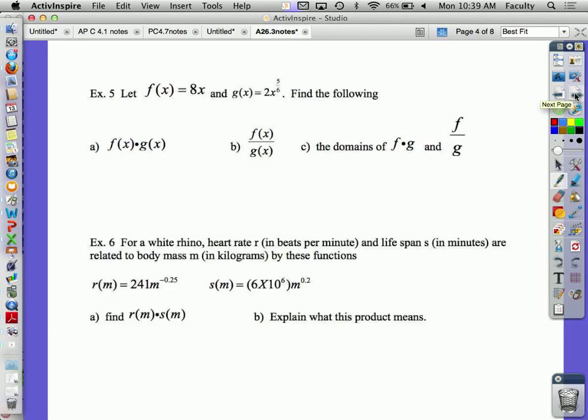So, let's look at example 5. If f of x is 8x and g of x is 2x to the 5/6, find the following. 8x times 2x to the 5/6 power.